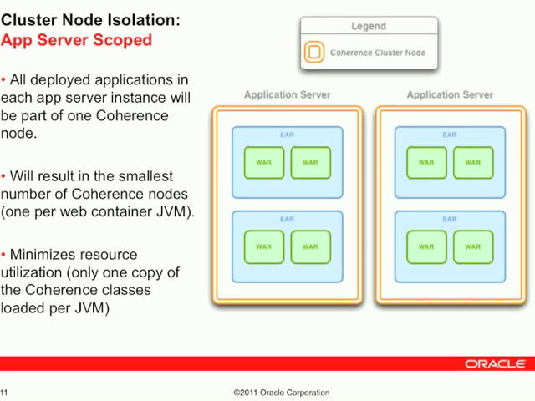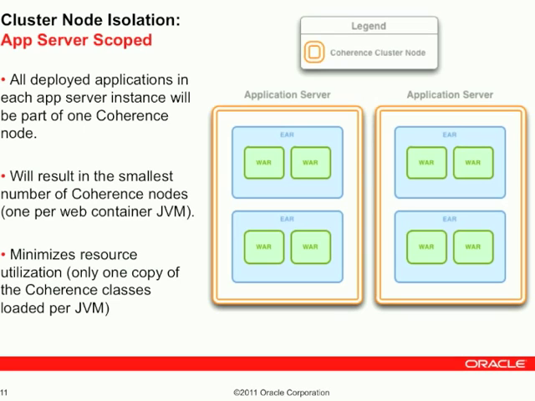The first type of cluster node isolation that we're going to talk about is called application server scoped. In this model, effectively, we have one member per JVM, or one Oracle GlassFish server instance. And the way we do this is we push the coherence.jar file, which contains the classes that are responsible for the Coherence cluster service, into the server's class path.